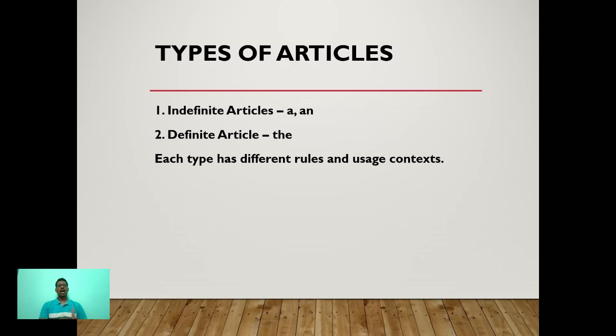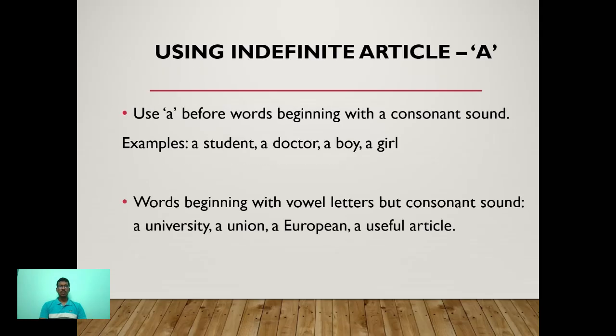These two types of articles have different rules and usage contexts. In this video we are going to see only the indefinite articles. First we'll get to know about the indefinite article a, and then we'll see the indefinite article an.